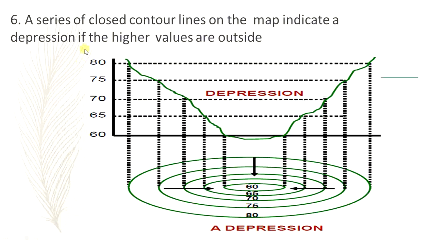Next, a series of closed contour lines on the map indicates a depression if the higher values are outside.